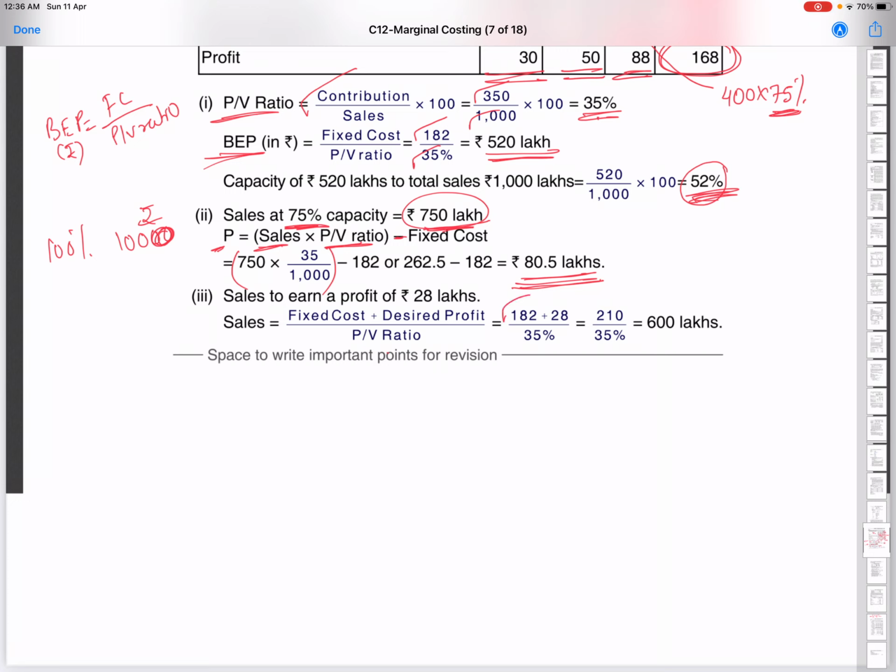Fixed cost 182, profit they have given 28, PV ratio is 35%, which we have already found for the merged plant. Do the calculation and you get 600 rupees sales. So at a profit of 28 lakhs we are making sales of 600 lakhs on the merged capacity of all three.